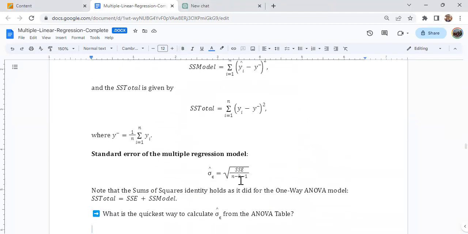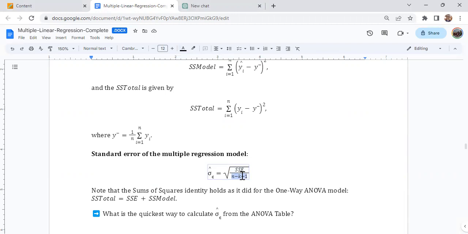I think I mentioned this last time. Does anybody know what this value underneath the square root is equal to? Someone remember? The numerator or the denominator, this is the degrees of freedom error.